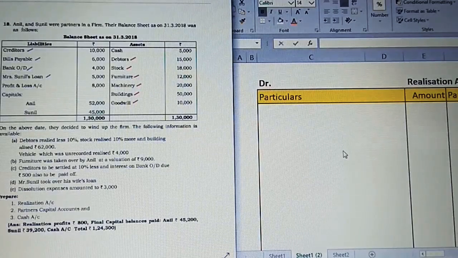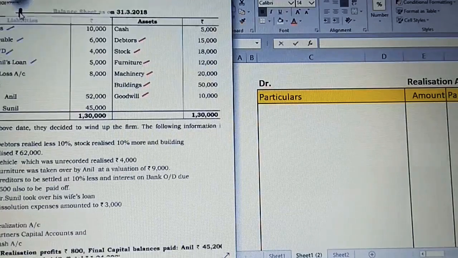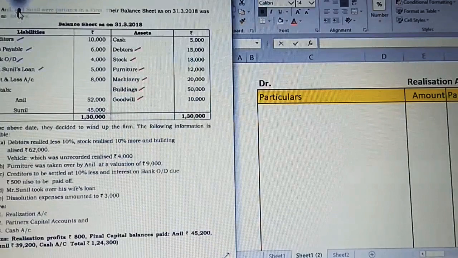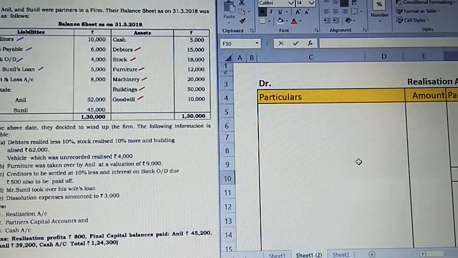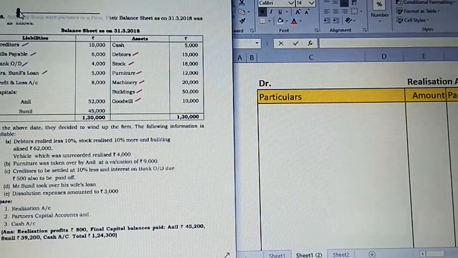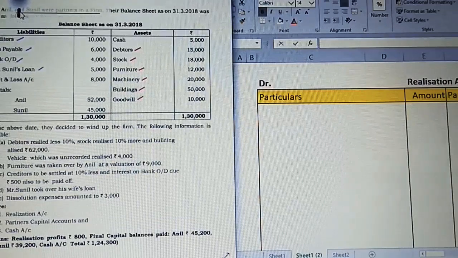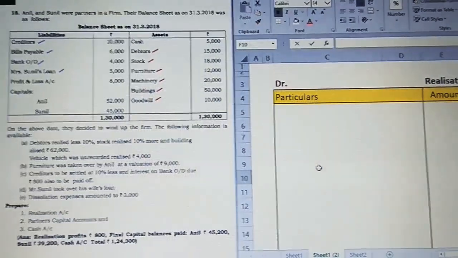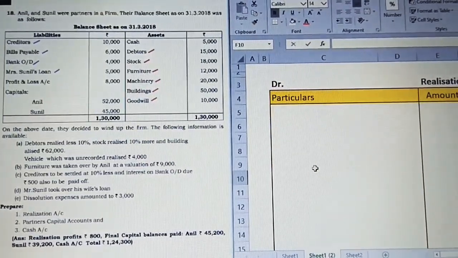Now we have come to the realization account. Now just observe.